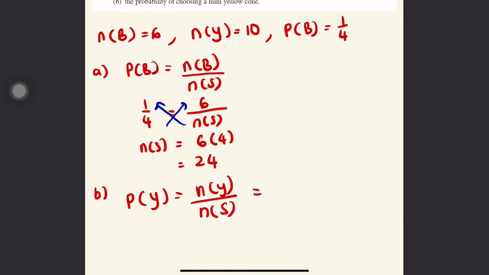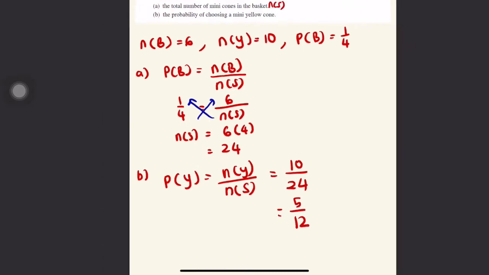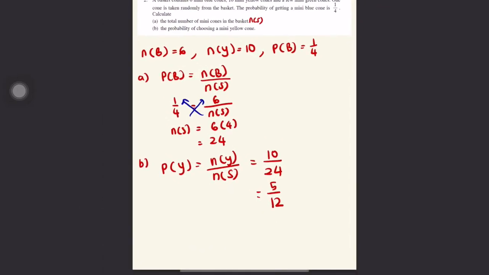So mini yellow cones is 10 over 24, and we can simplify it as 5 over 12. So that's it for number 2.